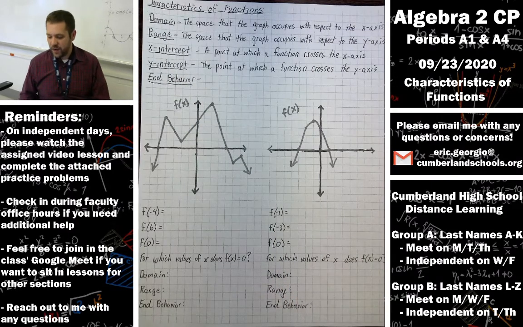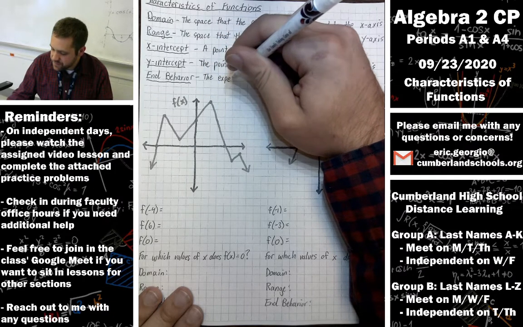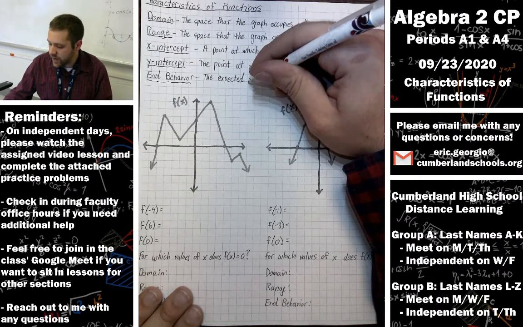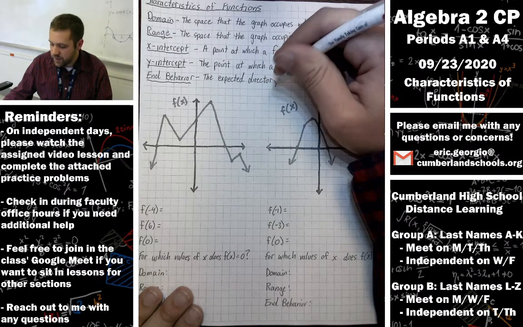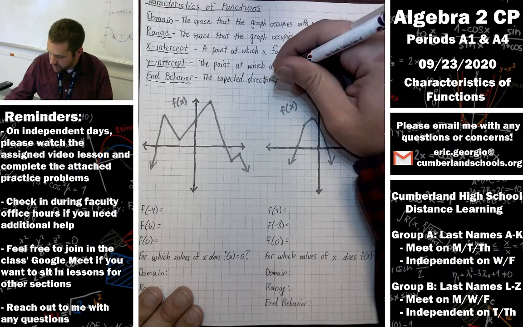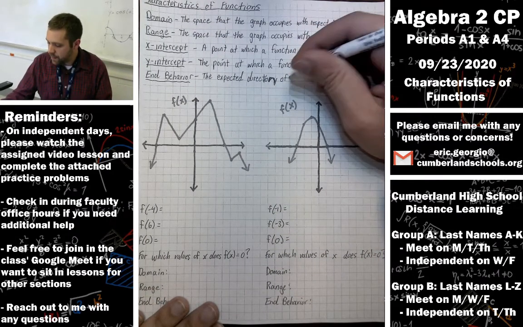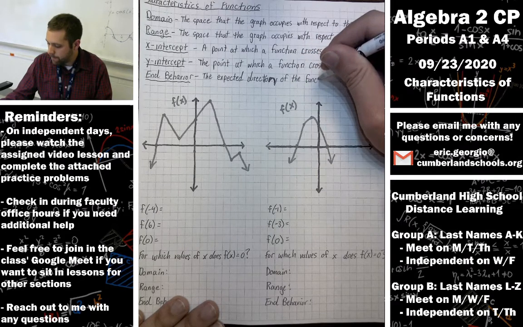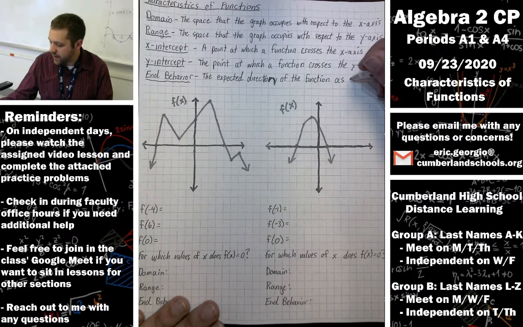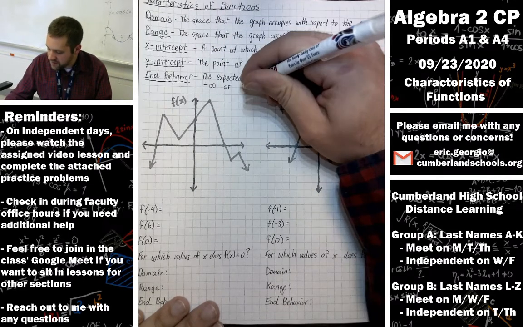And the way that I would define it, you probably see it written down here. The way that I would define end behavior is, it is the expected direction of the function as x approaches negative infinity or positive infinity.